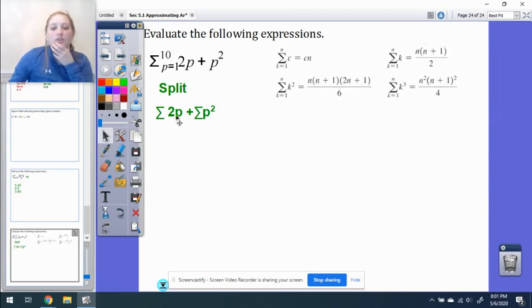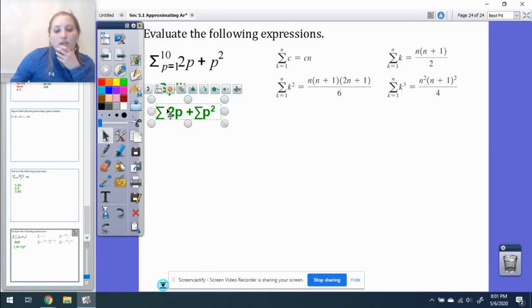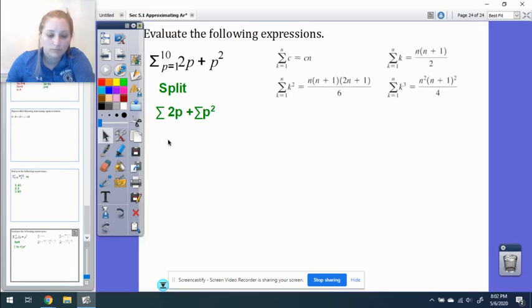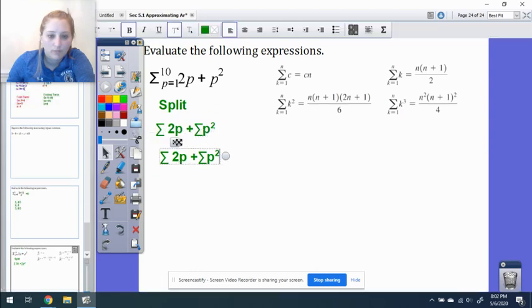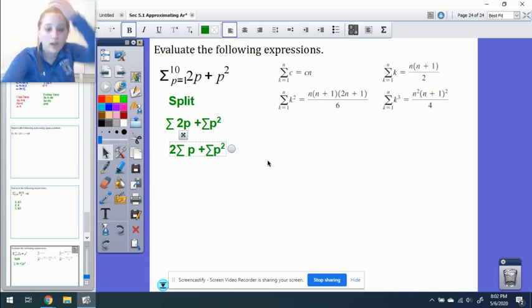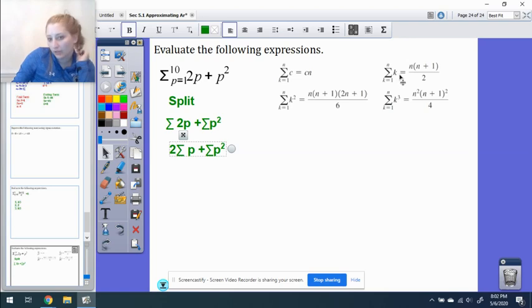Okay, so the 2 essentially can come into the front here. Okay, so then this one is going to look like this.